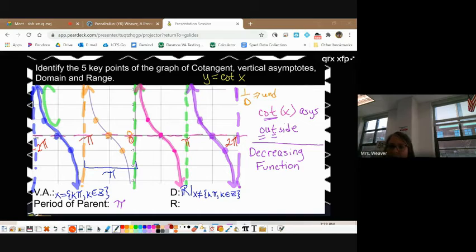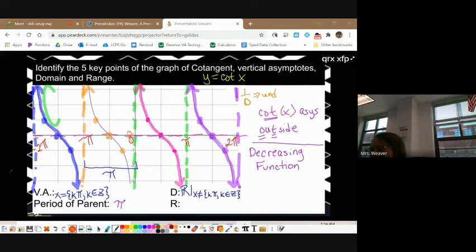Questions for me about that? Wherever there's an asymptote, that's not part of the domain. So the domain is all real numbers except for the asymptotes. So all real numbers such that x does not equal the set of all k pi, where k is an element of the integers. Okay, what about my range on this one?